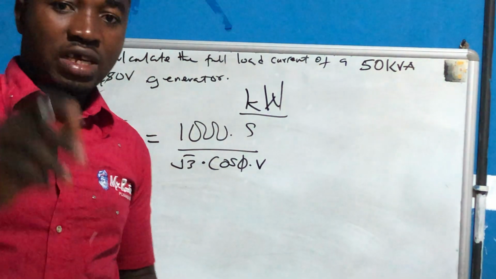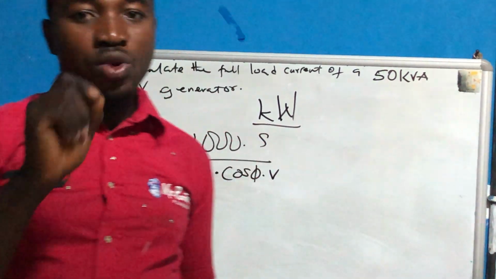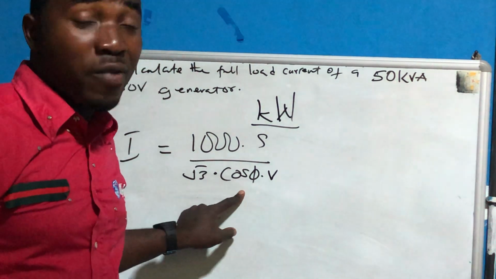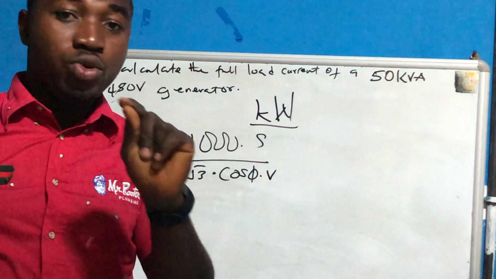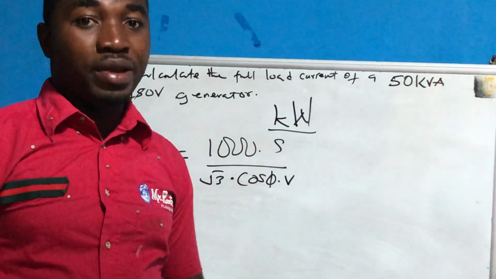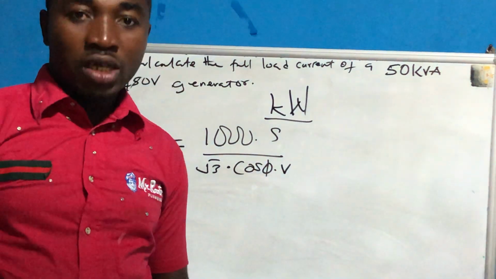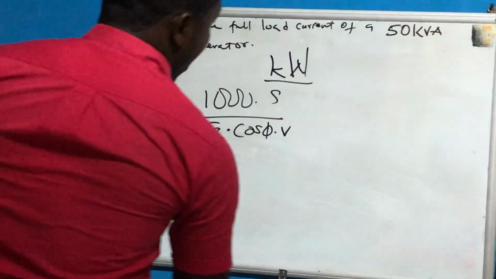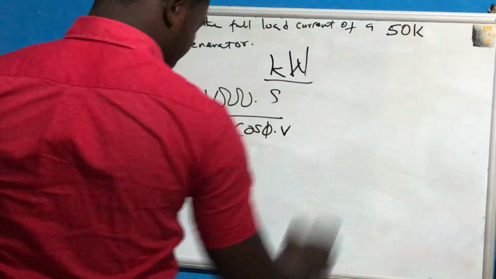So if you see any generator which is rated in kW, you must also look at the power factor of the generator. It will aid you in calculating the full load current of that specific generator. So now we are not going to change the question, but we are going to add.